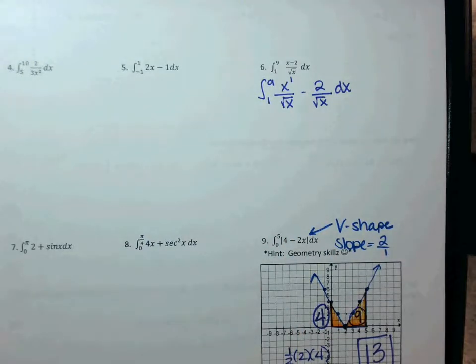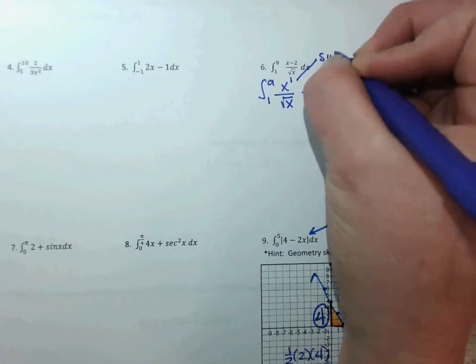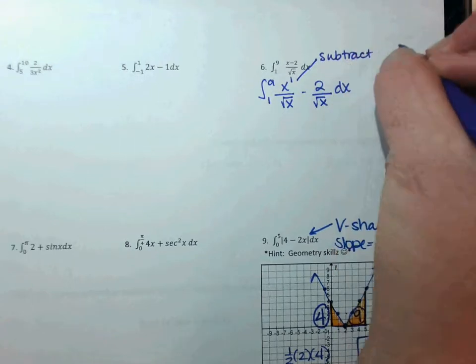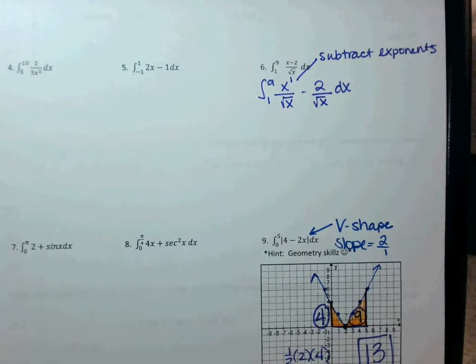What do you do with exponents when you're dividing? Add or subtract? Subtract. You are going to subtract the exponents, right? Like if it was x squared over x, you would know one of them crosses out. So if it's fractions, don't overly complicate it. You have one whole x on top.